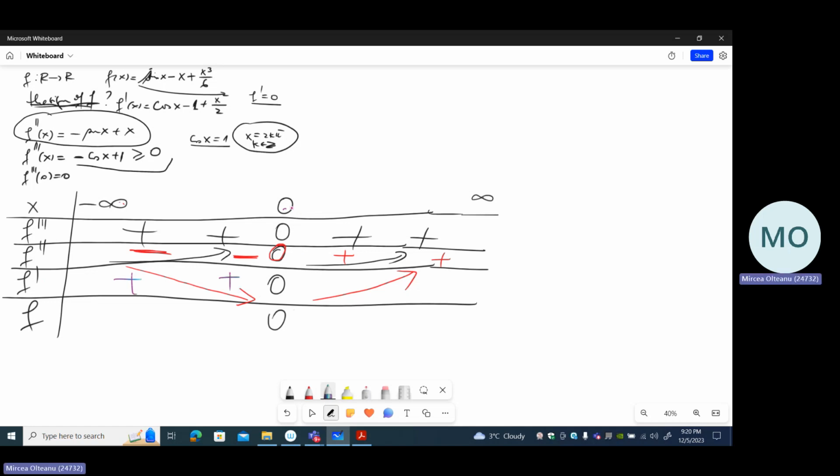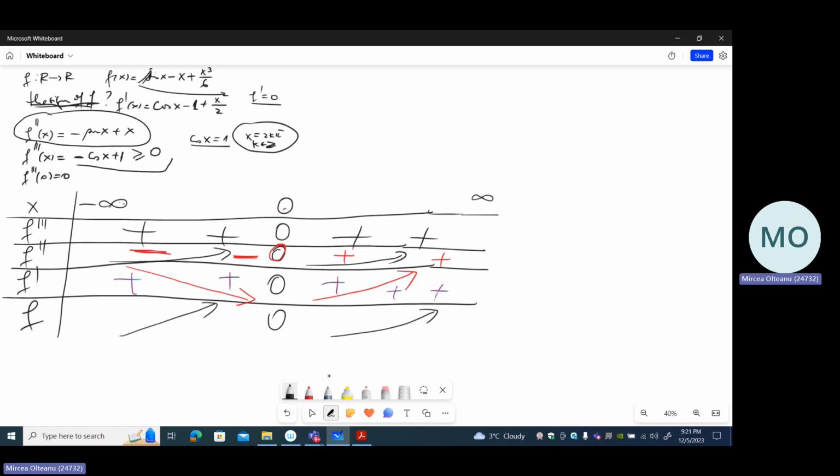In the same way, on the interval 0, infinity, it will be positive because it is increasing from 0. Consequently, the function f will be increasing on the interval minus infinity, 0 and increasing on the interval 0, infinity because its derivative is positive.